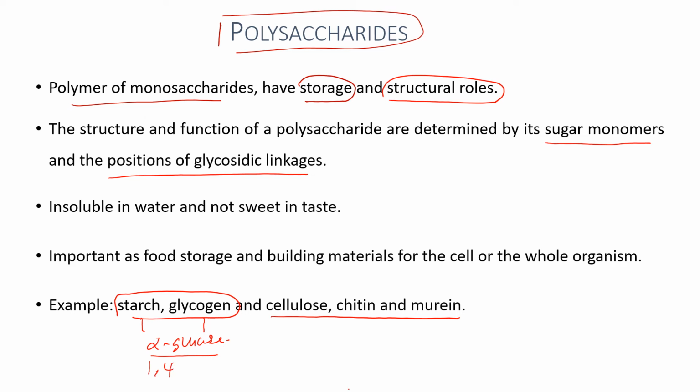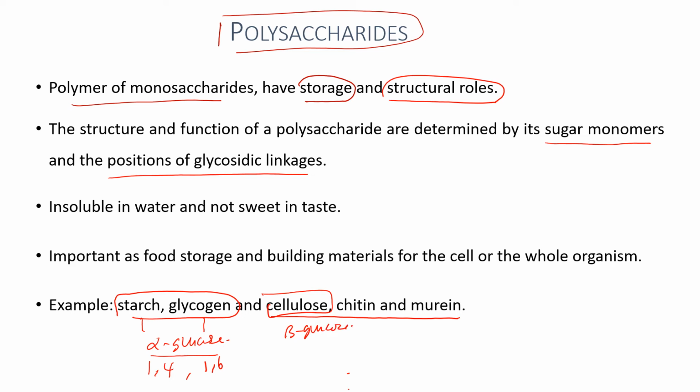1,4 glycosidic linkage. The glucose monomers are in a linear chain. If there are branches, the branches are linked through 1,6 glycosidic linkage. As for cellulose, the monomer is beta glucose.